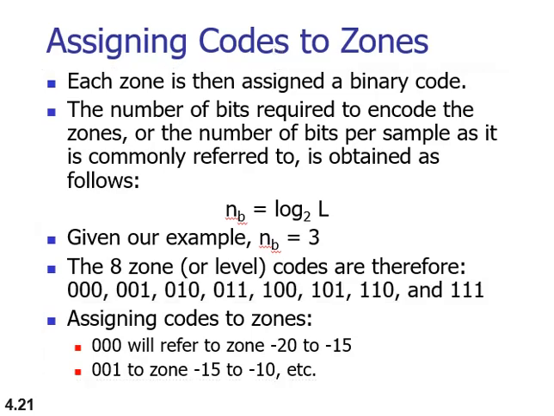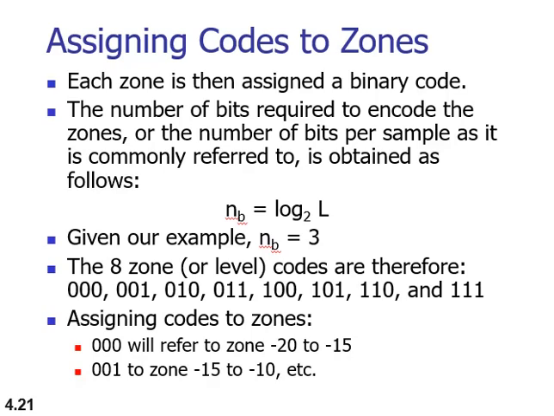In other words, when we have the zone of -20 to -15, you can encode that zone as 000, and -15 to -10 as 001, and so on and so forth.